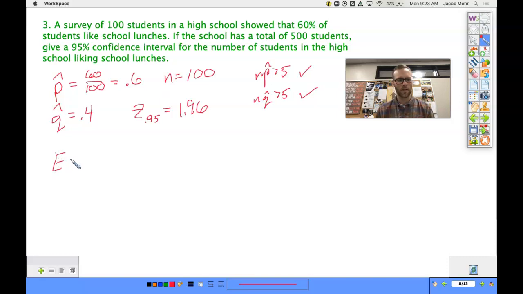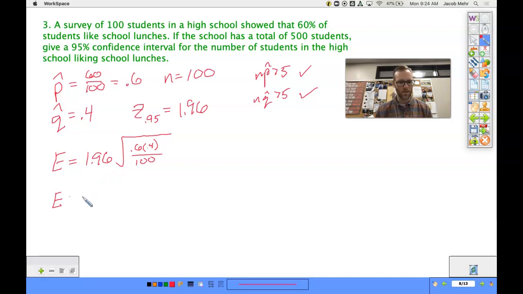Let's calculate our error. Z-score 1.96 times the square root of pq, 0.6 times 0.4 over n, which is 100. So our error is 1.96 times the square root of 0.6 times 0.4 divided by 100.